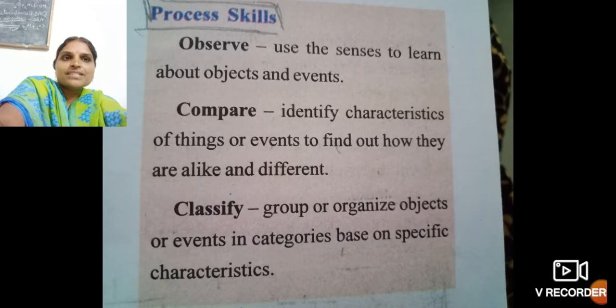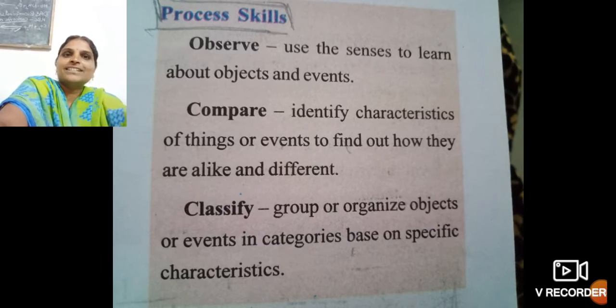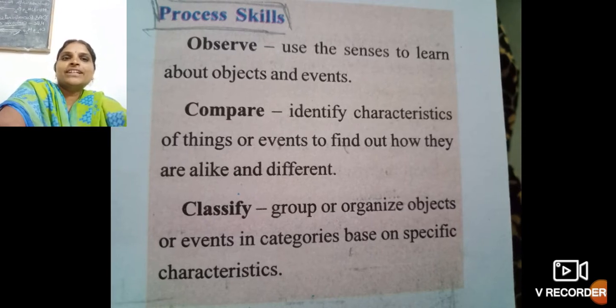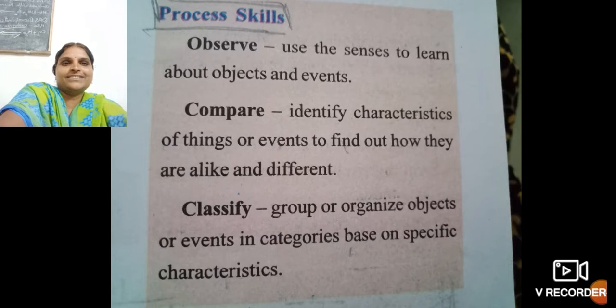Observe: use the senses to learn about objects and events. This is the observation of Saket. Next, compare: identify characteristics of things or events to find out how they are alike and different.